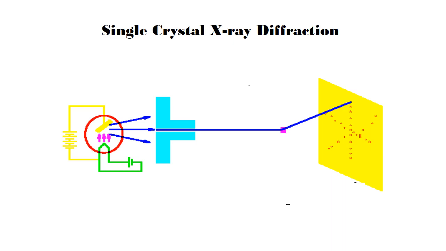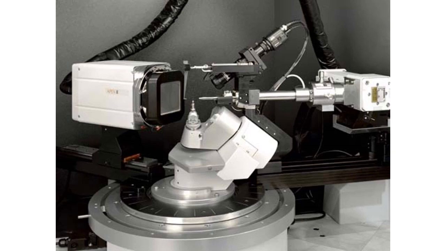You can see from the left side here is the source of X-rays, which is shown by the blue lines, and in the center, light green in color, is the material, the sample which is being observed, and at the end it is the detector. This is the instrument shown here which we use for the purpose of the X-ray diffraction technique.